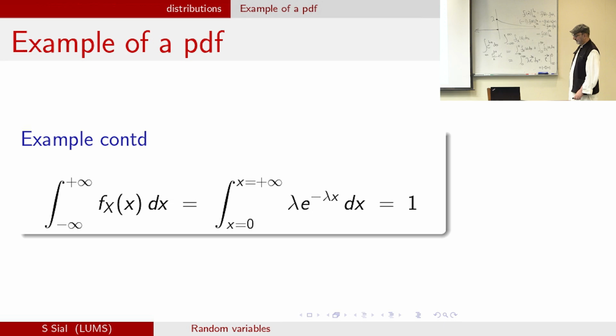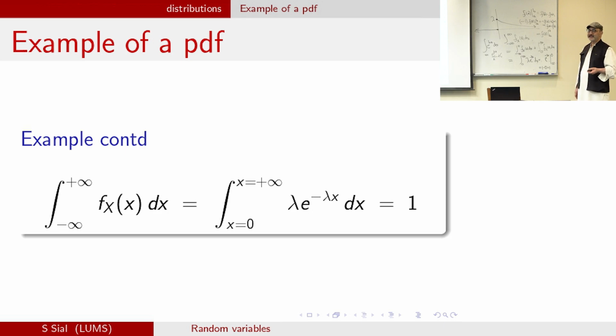All right. So as I said, this evaluates to 1. Okay? So it's doing what we want it to do. The PDF always takes non-negative values. Integrating the PDF over the entire real line gives you 1.